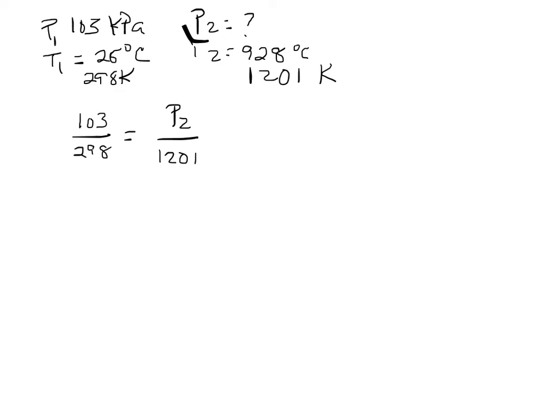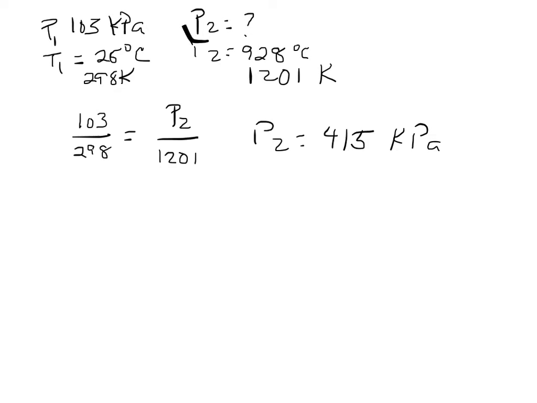Cross multiply, so 103 times 1201, divided by 298, and we get pressure 2 equals 415 kilopascals. So you can see it's about 4 times larger than what it was.